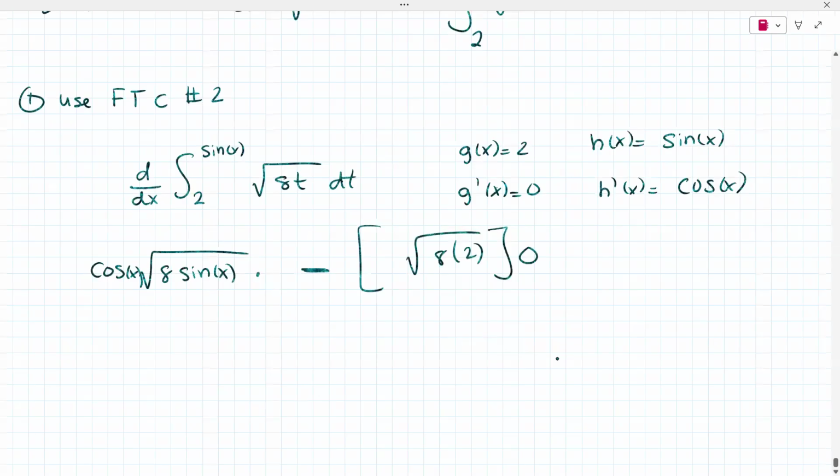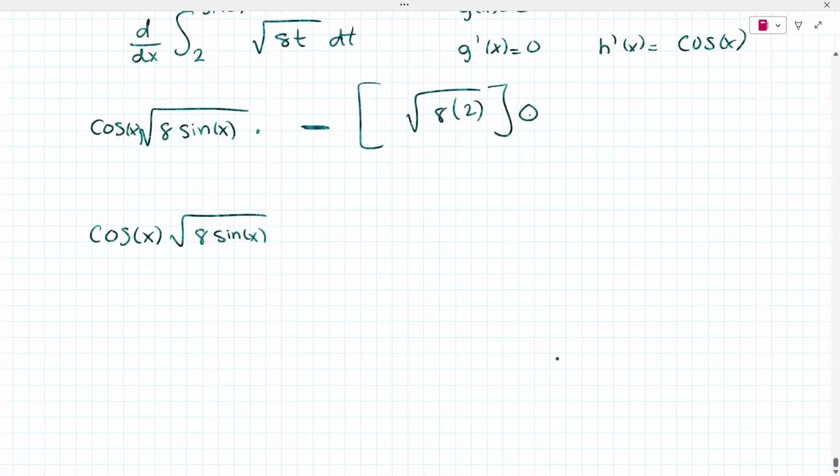Okay, so you get cosine of x times square root of 8 sin of x. And then this is easy, right? 0 times anything is 0, and then minus 0 is just 0, right? So my f prime of x is cosine of x times square root of 8 sin of x.